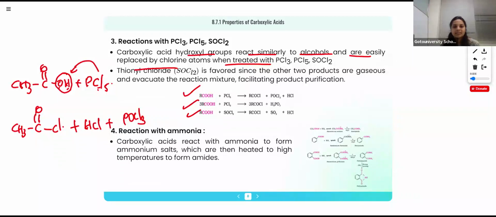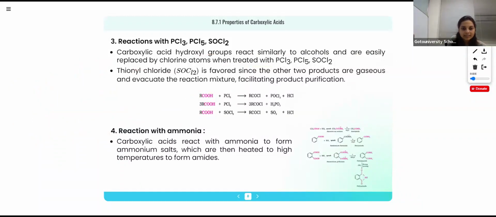Okay, next one, second reaction. The similar reaction. See, what is the difference? RCOOH reacting with PCl3, but here we are taking 3 molecules. So RCOOH reacts with PCl3 and the OH group will be replaced by chlorine because I am taking 3 molecules. So, in each molecule, 1 chlorine will go.